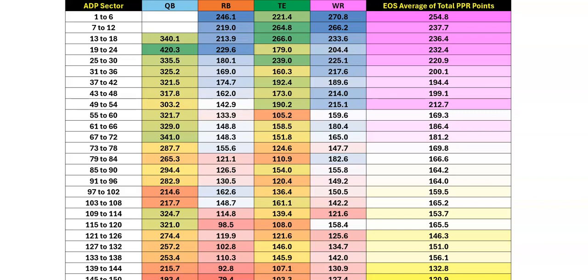So this is a summary, the average at the end of the season points. So this is before the season where these players were being drafted and after the season. So 1 to 6, you can see where the RBs, tight ends, WRs, and quarterbacks were being drafted.